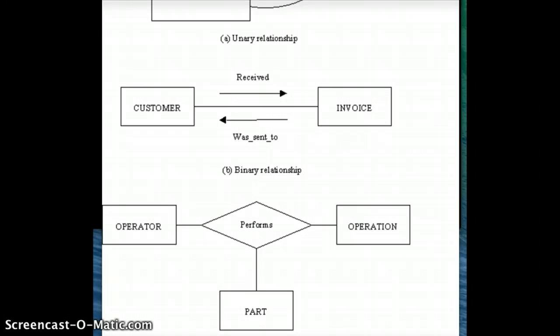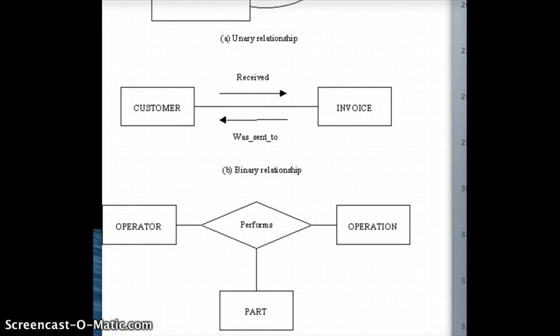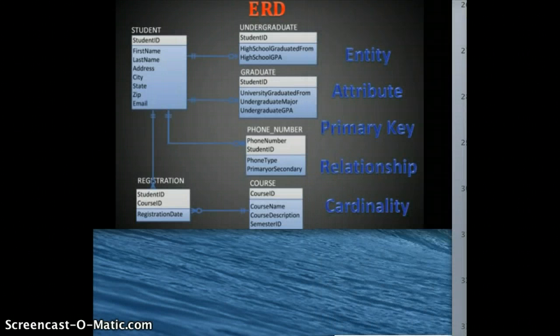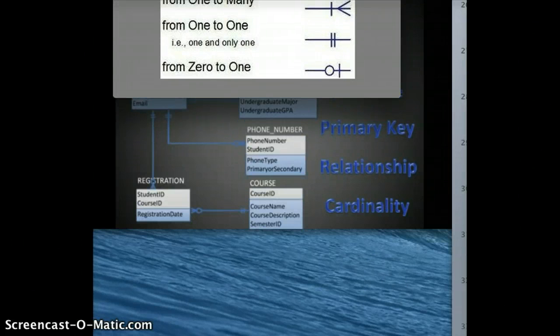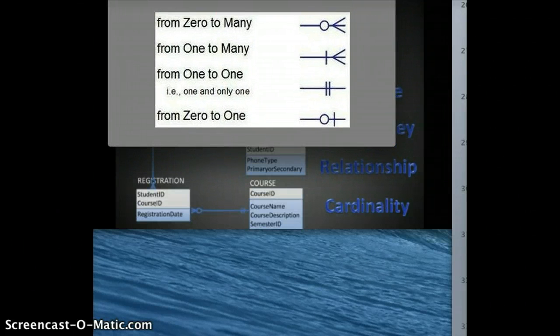Now that you understand unary, binary, and ternary relationships, we need to understand cardinality. What many people use, and what we were taught in class, is the crow's foot mentality. So this is it: from zero to many, from one to many, from one to one, and from zero to one.